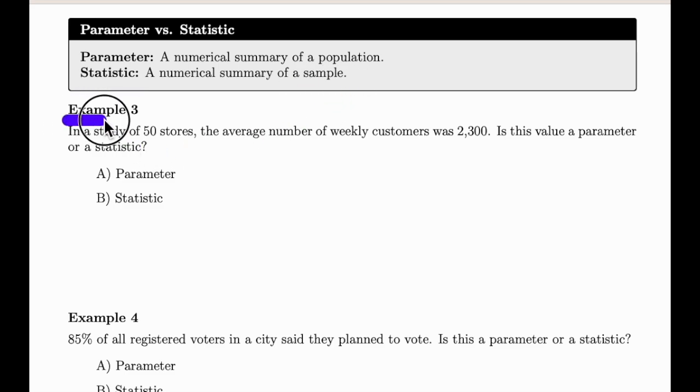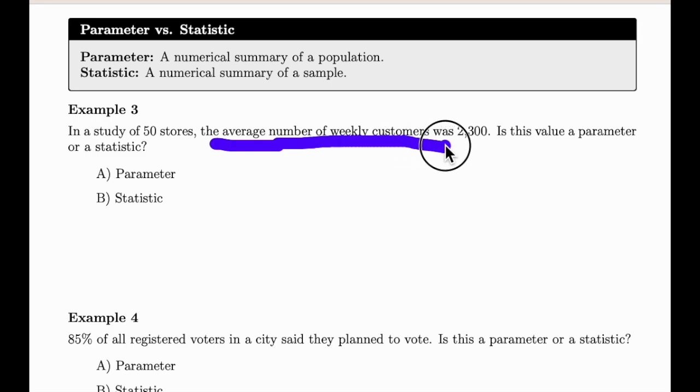Let's look at example 3. In a study of 50 stores, the average number of weekly customers was 2,300. Is this value a parameter or a statistic?